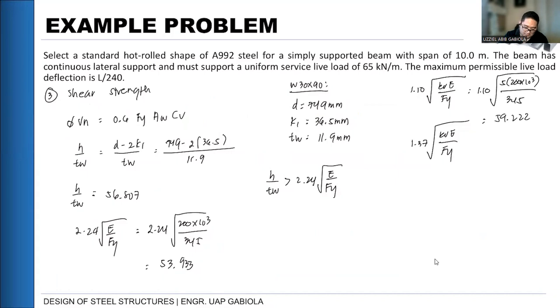Okay? So, yung value na yun is yung h over tw natin ay less than ng 1.1 square root of kv E over Fy. Therefore, yung Cv natin is equals to 1.0 according na din dito sa table natin. Okay?